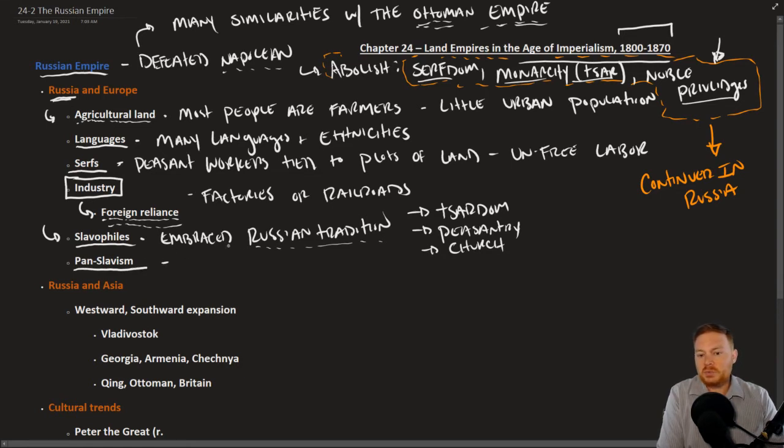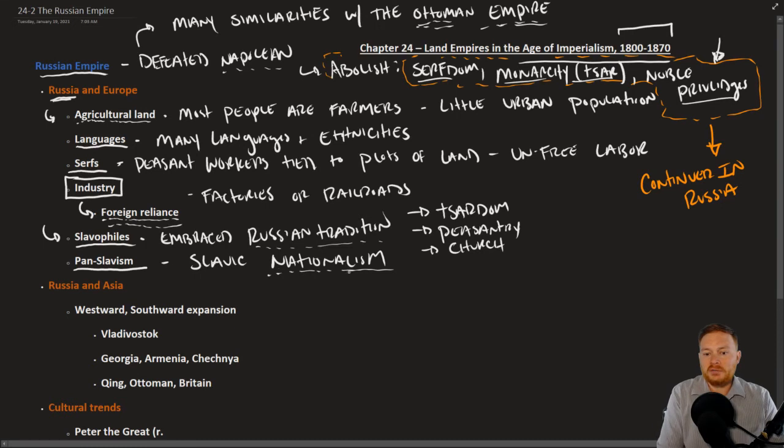And Pan-Slavism was something that tentatively embraced Russian tradition, but more embraced Slavic nationalism. And again, nationalism was an idea that was unleashed by the French Revolution. The idea is being proud of one's nation.